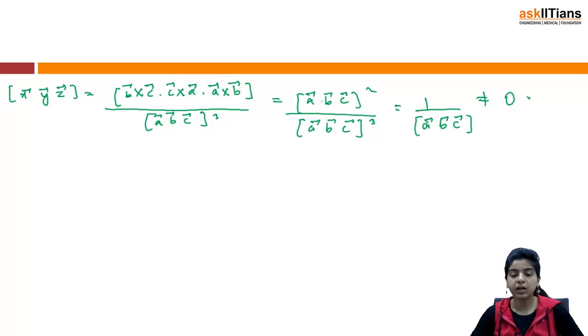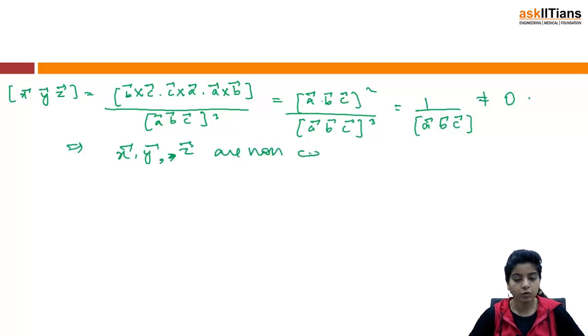We have already discussed that the scalar triple product of A, B, C is non-zero because they are non-coplanar. So therefore this also comes out to be non-zero, which implies that X, Y, Z are non-coplanar. We have proved this. This was the first thing that we were required to prove.